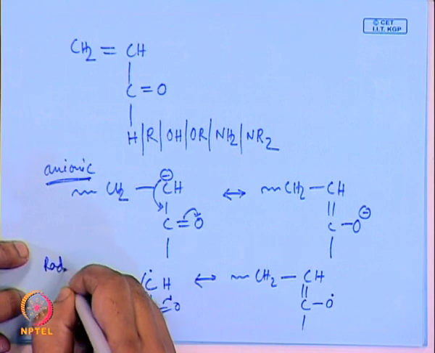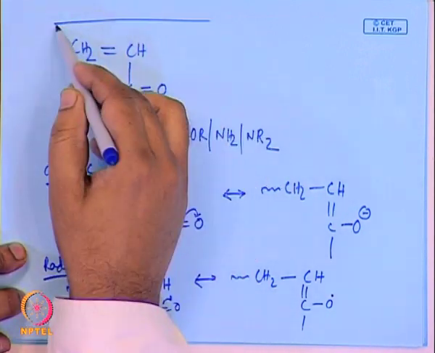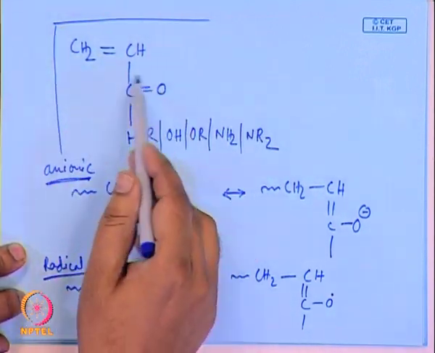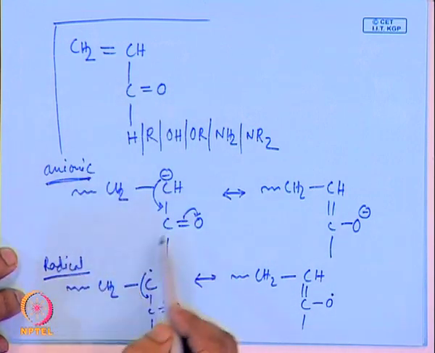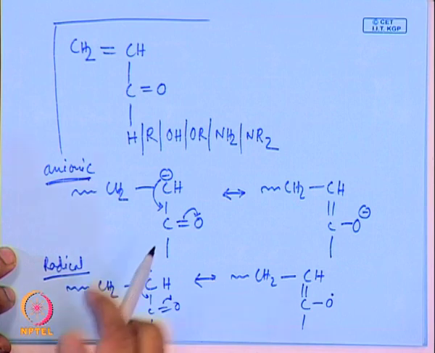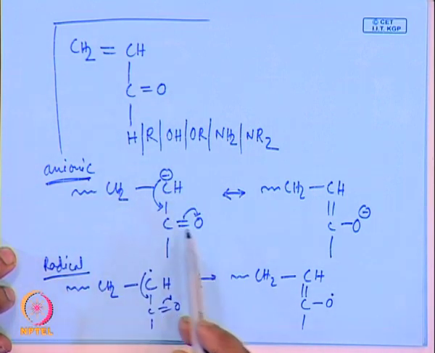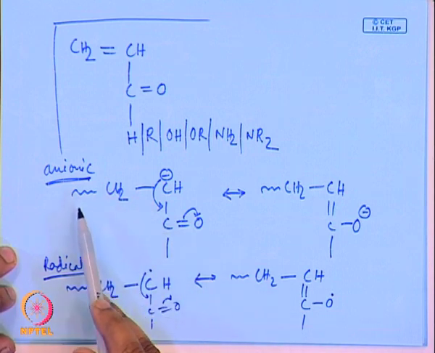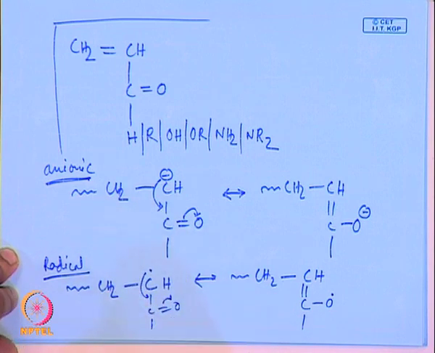So, this type of monomer which contains a carbonyl group here can easily undergo anionic polymerization, and can undergo radical polymerization, but like the earlier case this set of monomers cannot undergo a chain polymerization initiated by a cationic species, because if you have a cationic group here, it will not be stabilized by resonance.